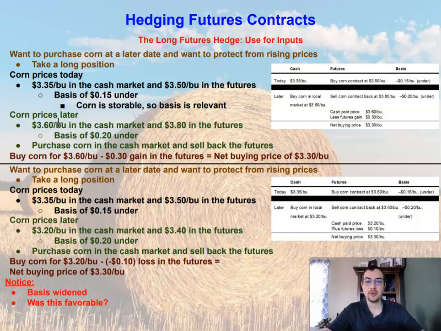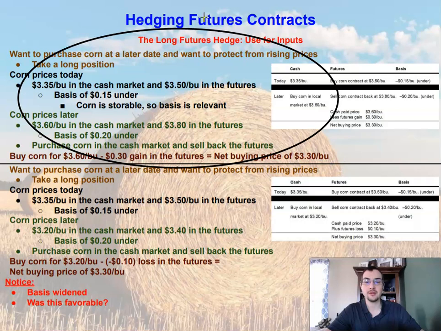So we gained more than we lost, and that basis widened, and because of that, it was actually favorable. So this is a good example of how a widening basis is actually favorable for the long hedger.